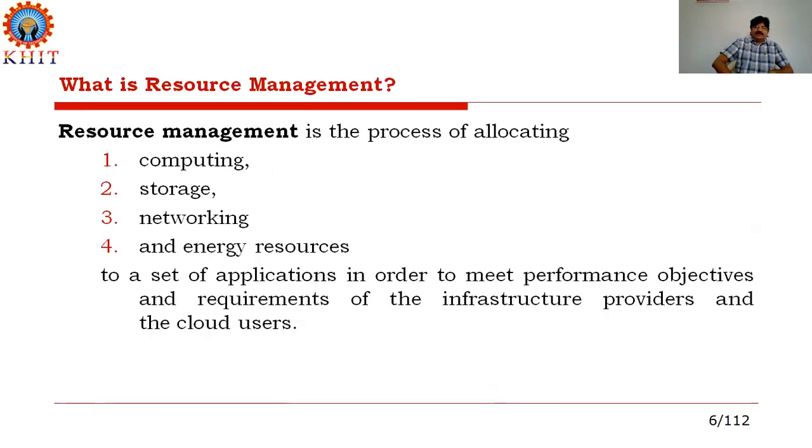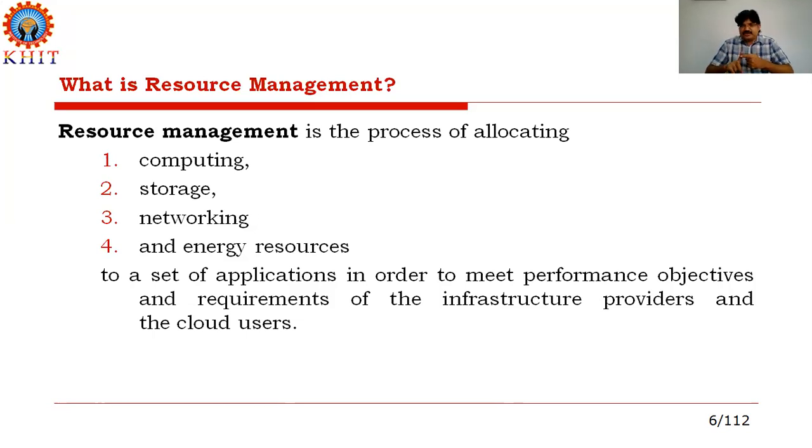So here the topic is intercloud resource management. We already discussed what intercloud is. Next, we will discuss resource management. What is meant by resource management? Resources here means computing is a resource, storage is a resource, network is a resource, and energy is a resource.